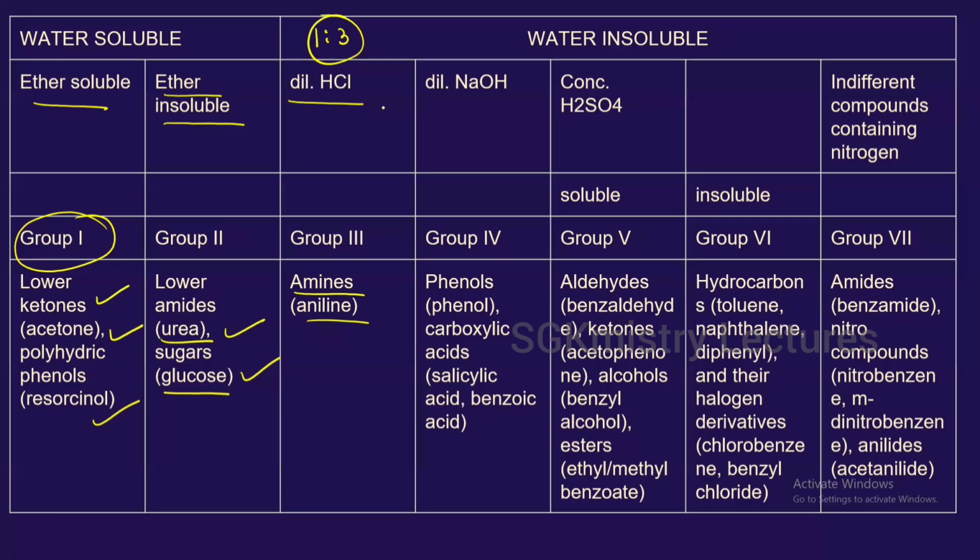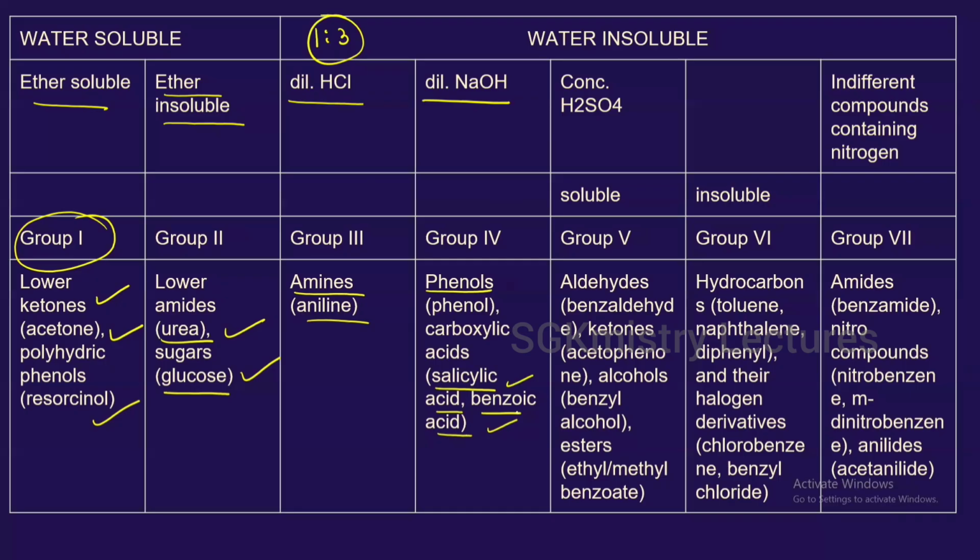Next, coming on to the case where it is insoluble, then obviously you go for dilute NaOH. Suppose it is soluble in dilute NaOH, then it may be a phenol, or a carboxylic acid, that is, it may be salicylic acid or benzoic acid. So if these are acids, you're going to directly do the functional group analysis where you check it with sodium bicarbonate.